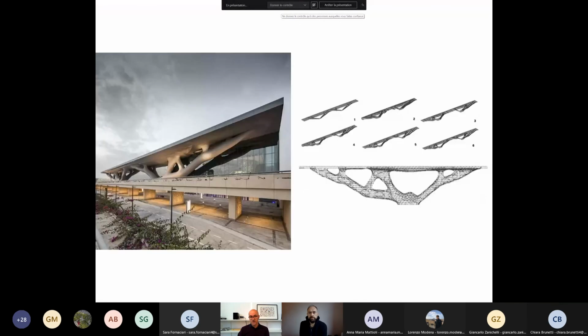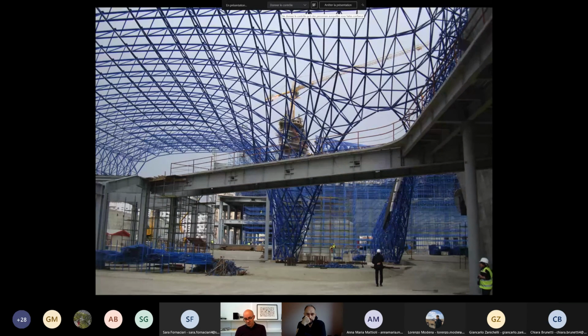If you look at this, for example, this is based on genetic algorithm optimization. But you might have the feeling that it's made of concrete, but it's not the case. In fact, it's a skin which covers an internal steel structure, pretty much in the same way as Zaha Hadid buildings are made.